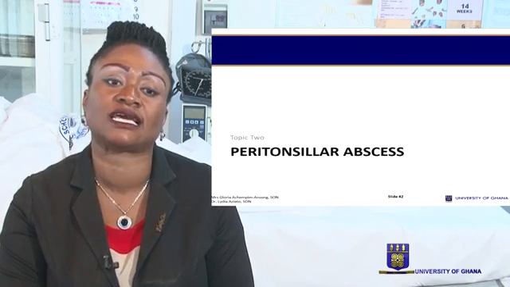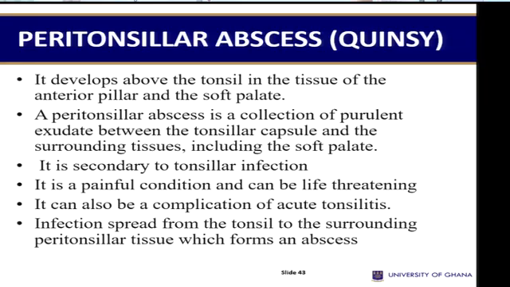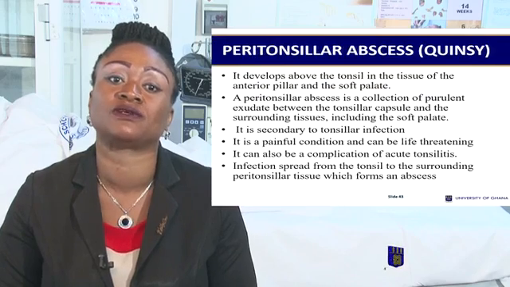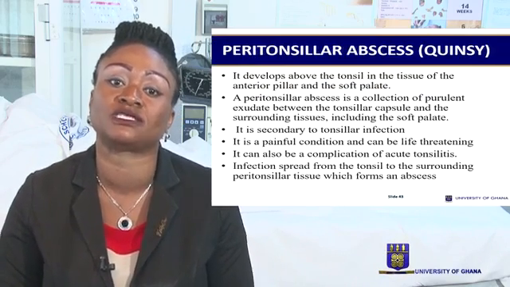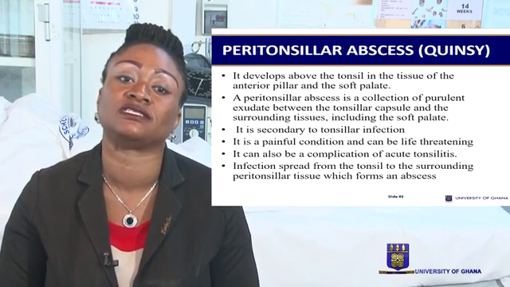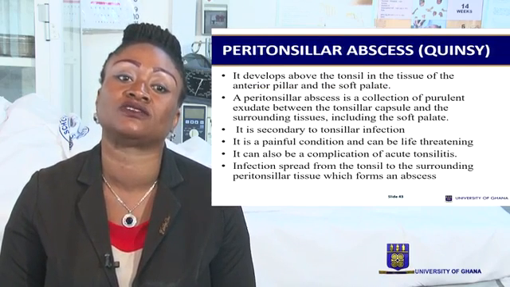Our second topic is peritonsillar abscess, also known as quinsy. It develops above the tonsil in the tissue of the anterior pillar and the soft palate. A peritonsillar abscess is a collection of purulent exudate between the tonsillar capsule and the surrounding tissues, including the soft palate.